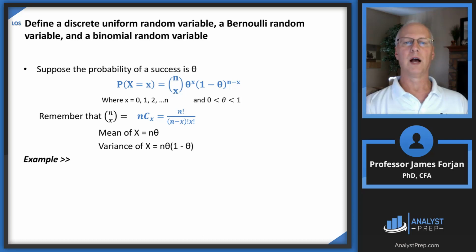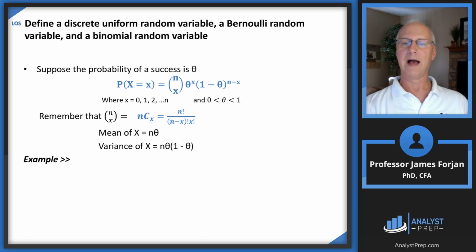So if we're going to try to estimate the probability of an outcome, we know that the probability of success is theta, and then the probability that any of those Bernoulli random variables can take on one specific value is going to be obtained by that formula in blue there at the top.